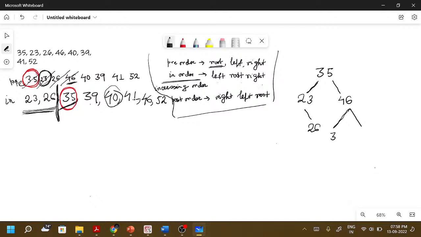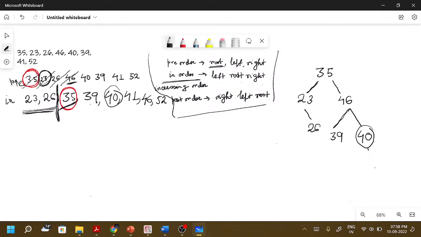So I have to give this, then this. You understood why I am copying 39 here? Because 40 is a root. Now in-order it should be left, root, right. So now the 40 is my root, and after that root, left, then I am going again right.